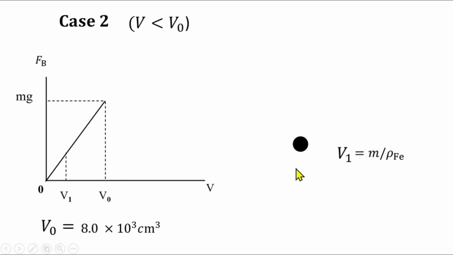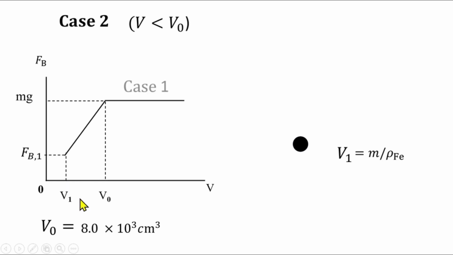As a consequence, the value of V1 will be somewhere here. The corresponding value of buoyant force we will denote as FB1, and this part will be absent on the real plot. So case 2 exists only for V smaller than V0 and greater than V1.